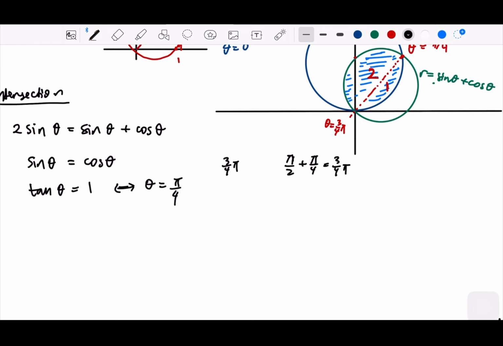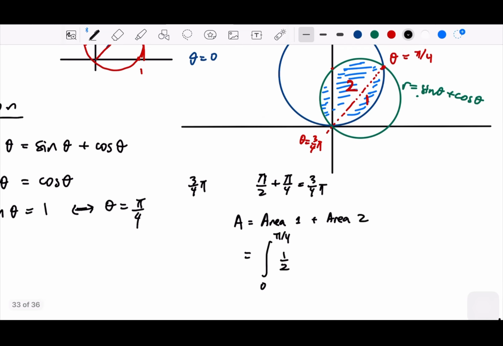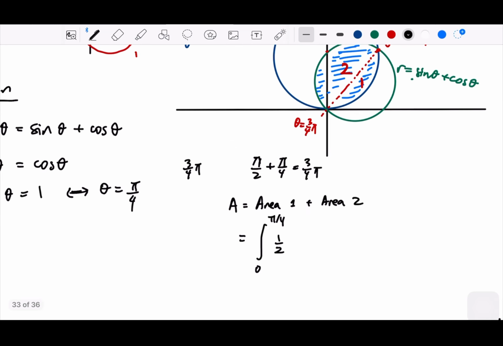And then we could take the area is area 1 plus area 2. So area 1 is from 0 to pi over 4, half r squared. R is 2 sine theta. So 2 sine theta squared d theta plus.